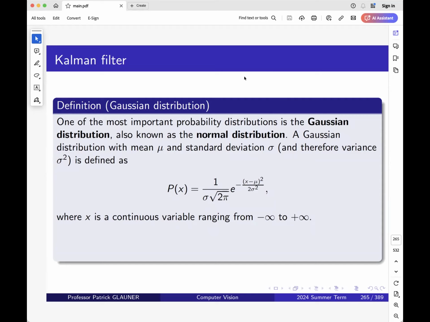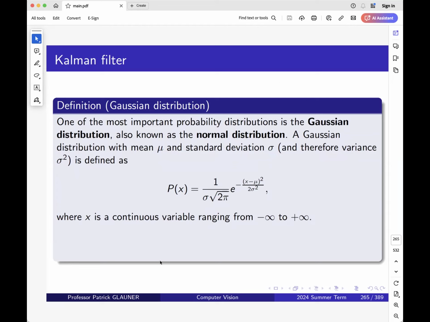So probably one of the most important probability distributions ever is the Gaussian distribution, which we also call a normal distribution. And the Gaussian distribution has two parameters. One is the mean, mu, and the standard deviation, sigma. And in fact, if we square the standard deviation, we have the variance, which is called sigma squared.